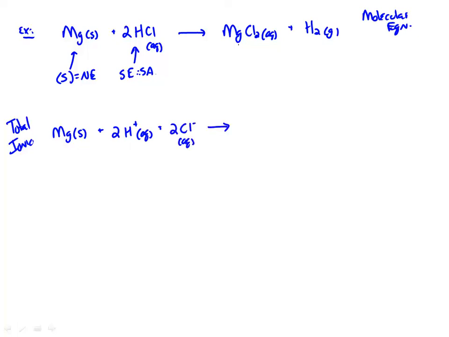What about magnesium chloride? Yeah, it's ionic and it's aqueous, therefore it's a strong electrolyte. And I just write it as magnesium 2+ ion plus 2 chloride ions. What about H2 gas?